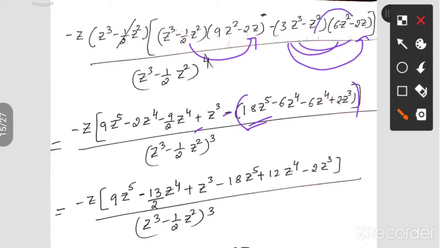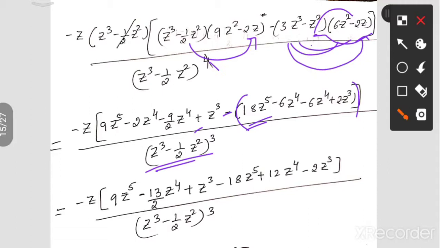Then second term, that is minus z square into 6z square is minus 6z raised to 4. Minus z square into minus 2z is plus 2z cube. Then the denominator has one factor less.